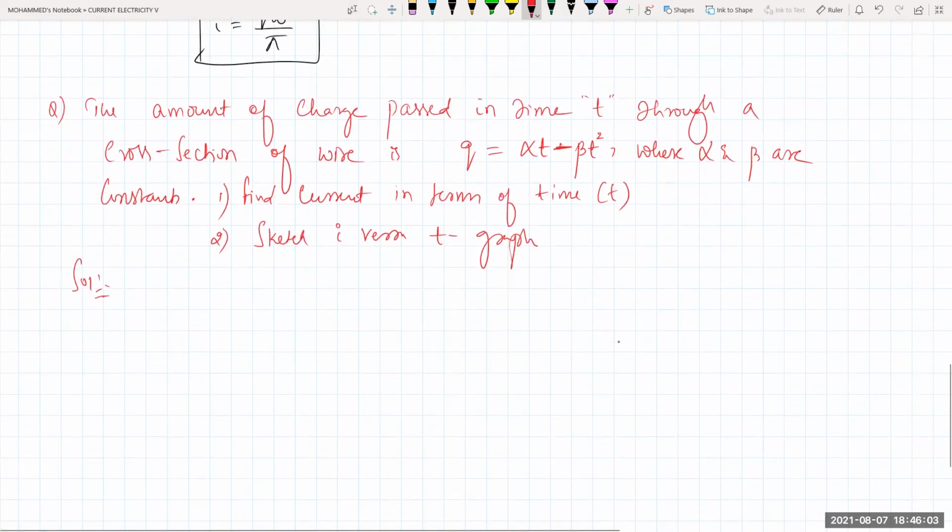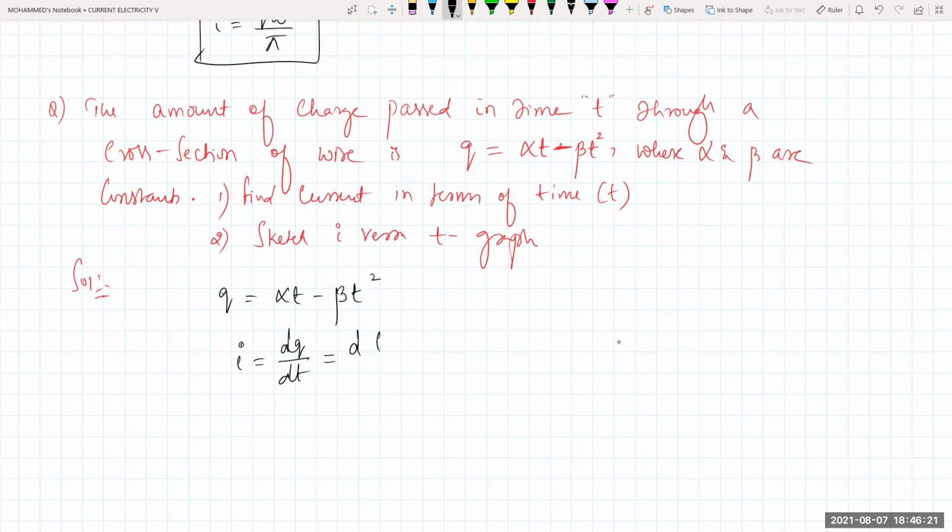The amount of charge which has been passed in a time t is given. So how do you calculate the current? That is what it is asking. Given charge Q is equal to alpha into t minus beta into t square. Current I is equal to dq divided by dt. That is d of Q, which is alpha t divided by dt minus beta t square divided by dt.